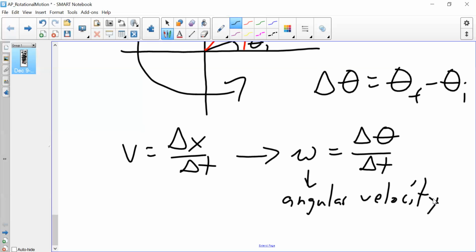Obviously, time is time for whatever coordinate system you have. Without saying, there is no angular time. It's just time. It's not linear or angular or anything.